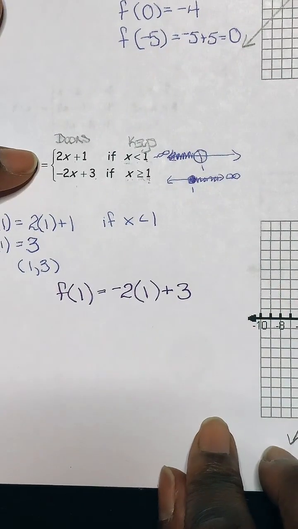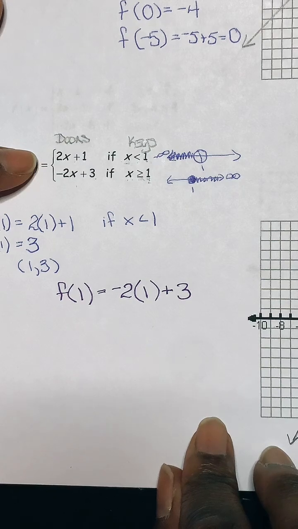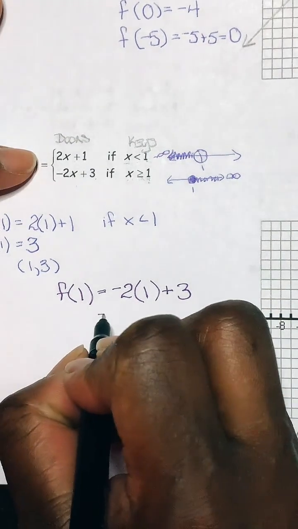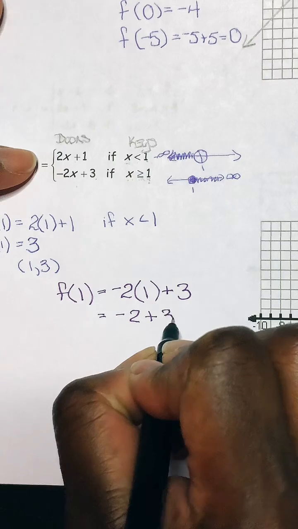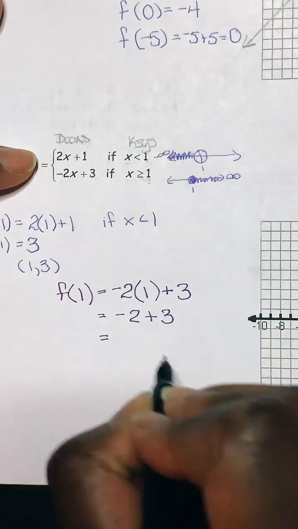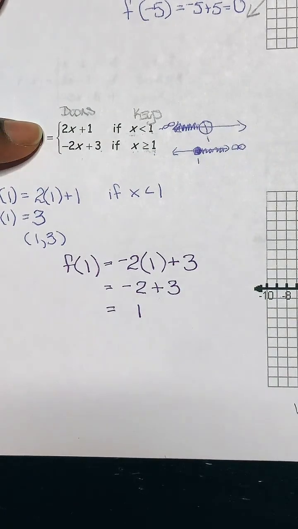Okay, let's see. Times -2, right? Yes. Okay, so we got 1, because -2 plus 3 gives me +1.